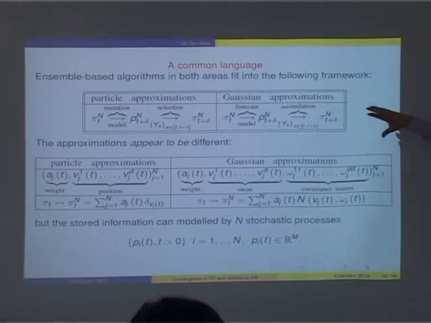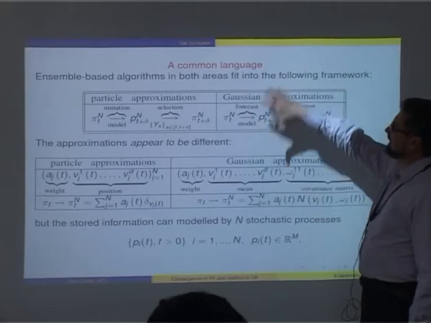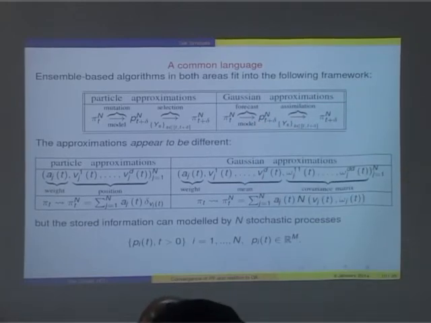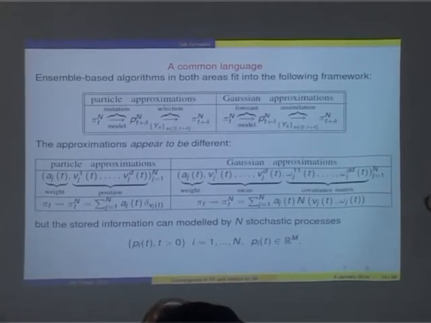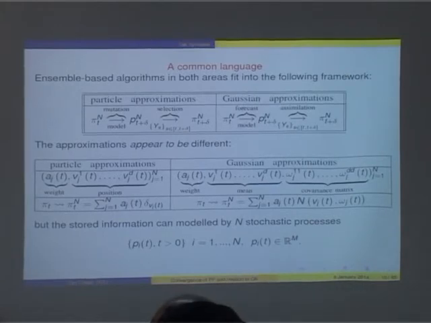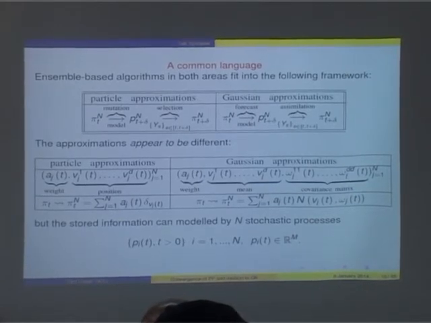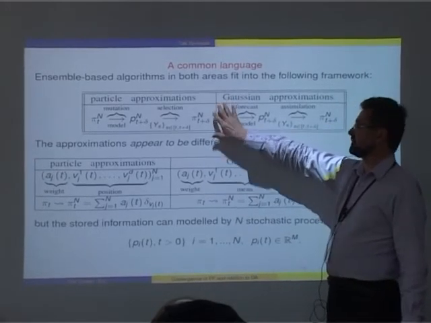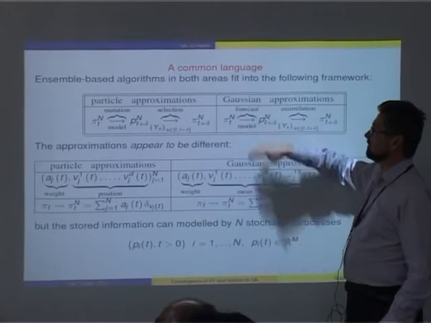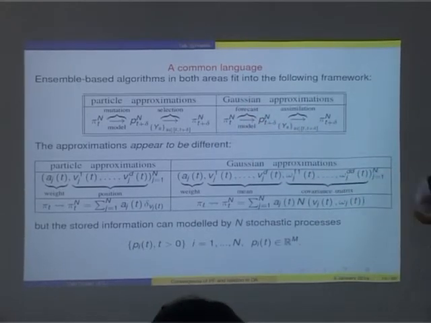Now in the case of the ensemble, which is popular with the data assimilation community, we work with a linear combination of Gaussian distributions. Again, they approximate the distribution at time t. You use the model and produce a forecast.